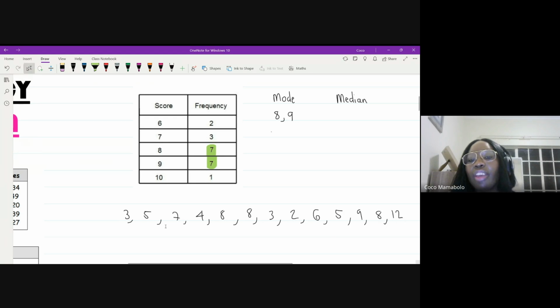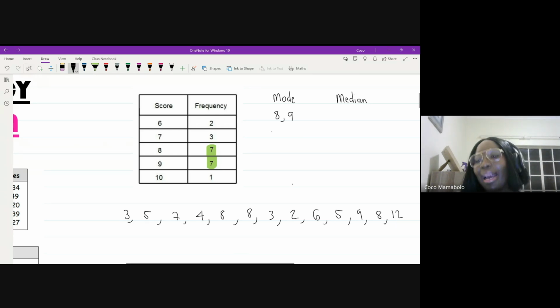If I say to you, find me the median, I'm looking for the number that sits in the middle. What does the word median sound like? Medium. Good. It sounds like medium, so something that would be sitting in the middle.